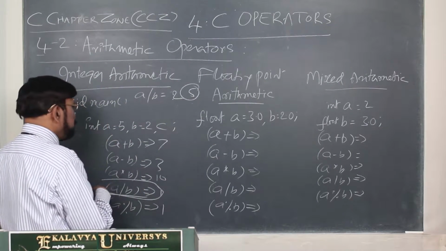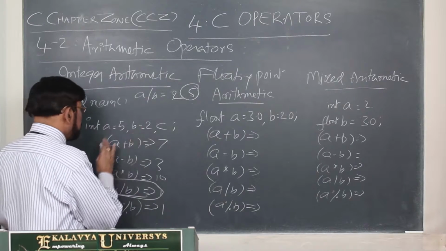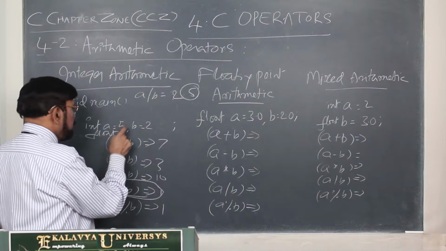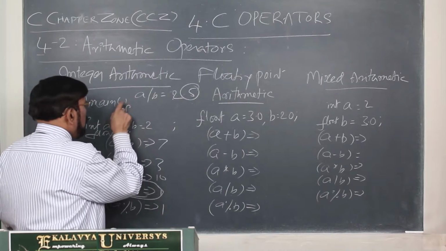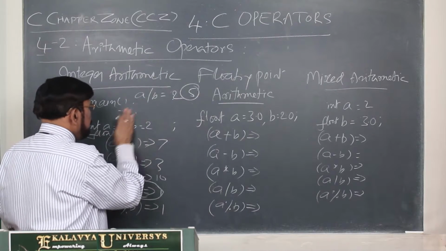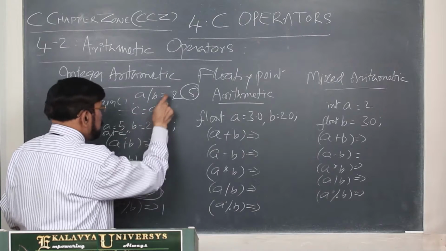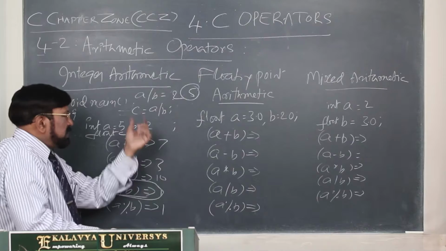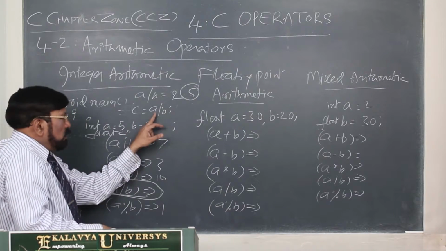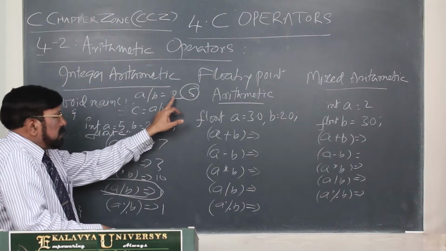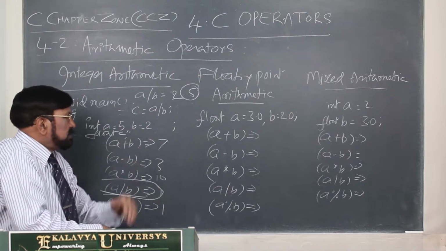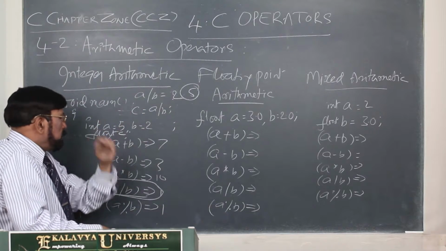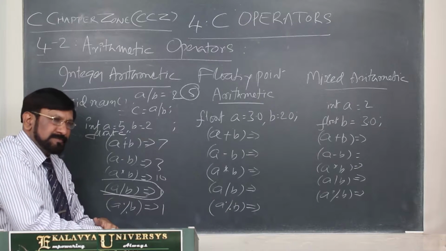Suppose you store the result, like now you see, float c is equal to a by b. What is the result? Now a by b, already I told you, is int versus int. Now you are storing the result into floating point. Then what would be the result?